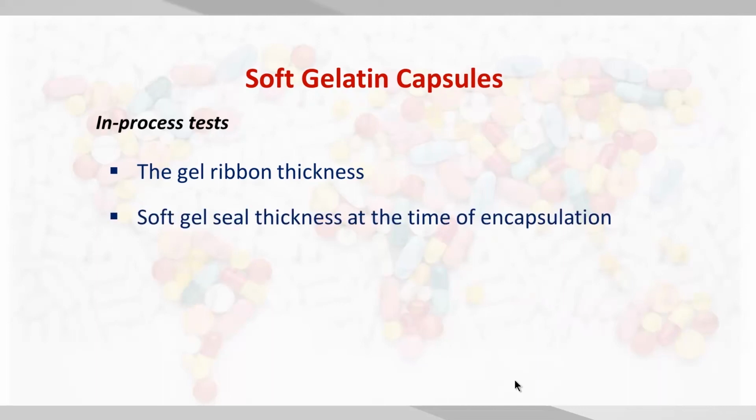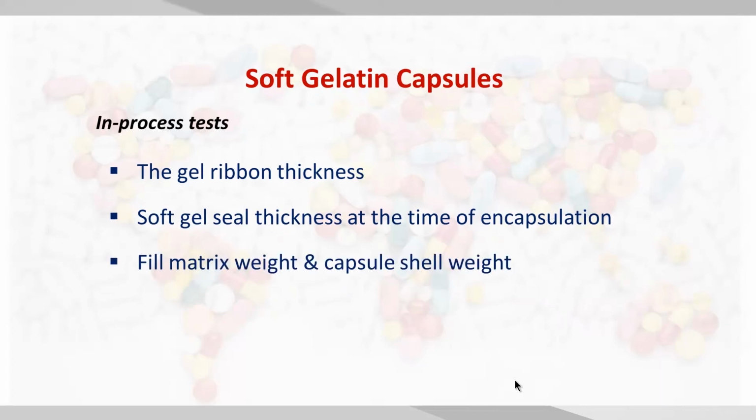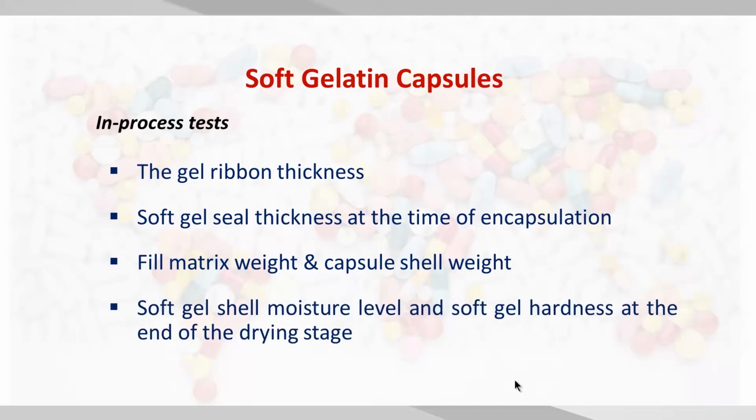The second is soft gel seal thickness at the time of encapsulation. The film matrix weight and the capsule cell weight variation we can check within the process. Soft gel cell moisture level and the soft gel hardness at the end of the drying stage can also be representative of the in process quality.